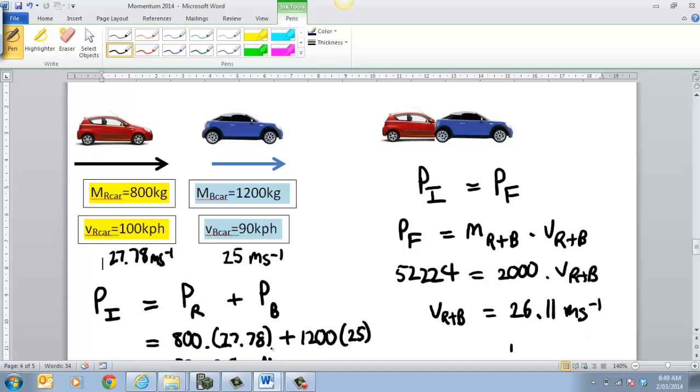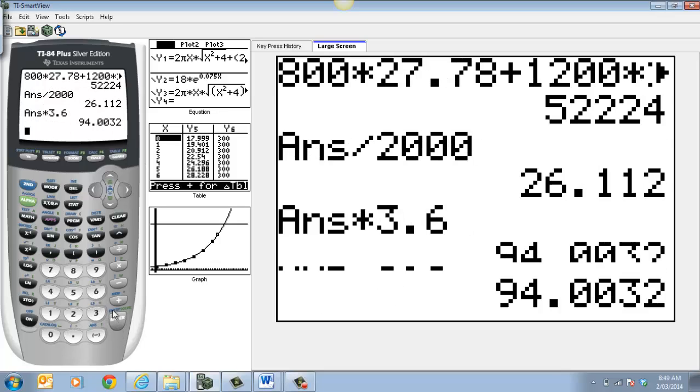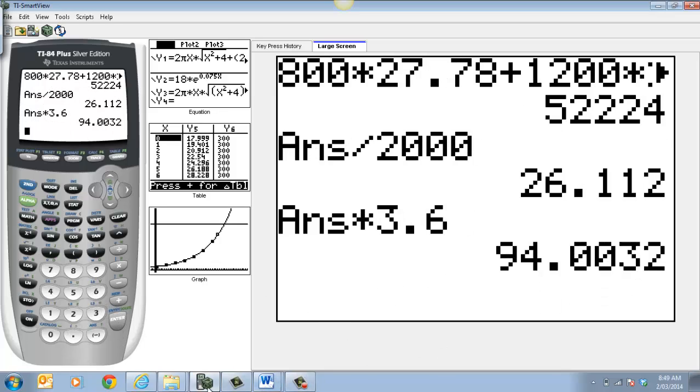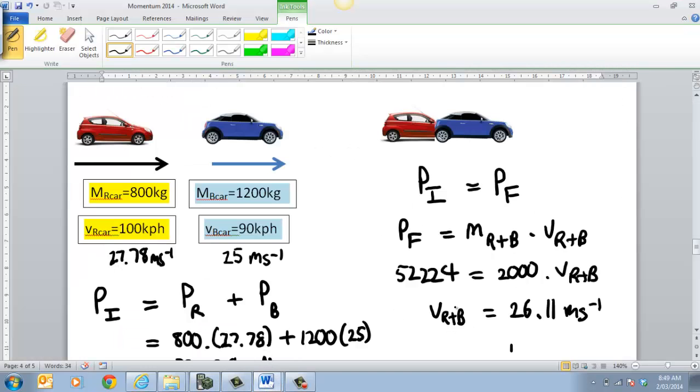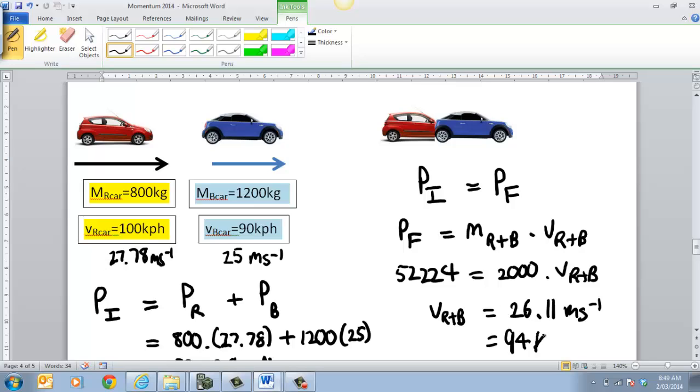If I want to times that by 3.6, it equals 94 kilometres per hour. If you were involved in that collision, it'd be quite a fast collision, wouldn't it? That would represent a rear end collision. I can't quite remember the last bit. It's straight on, 94 kilometres per hour.